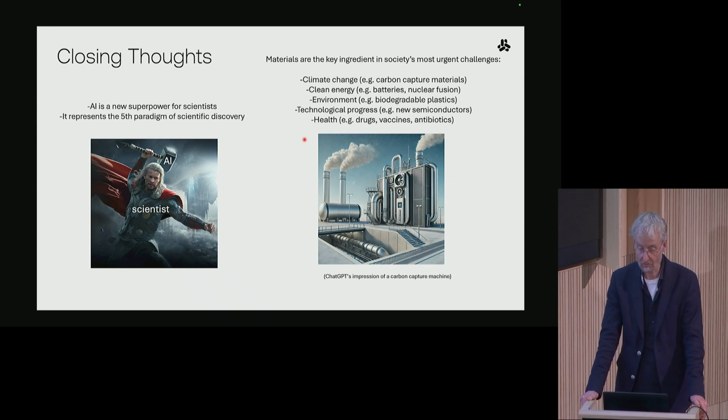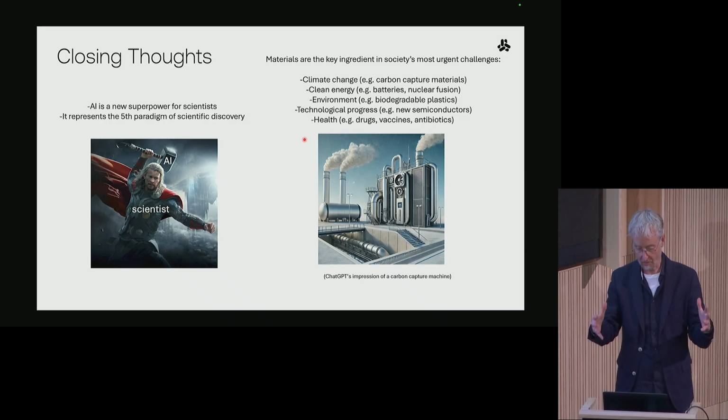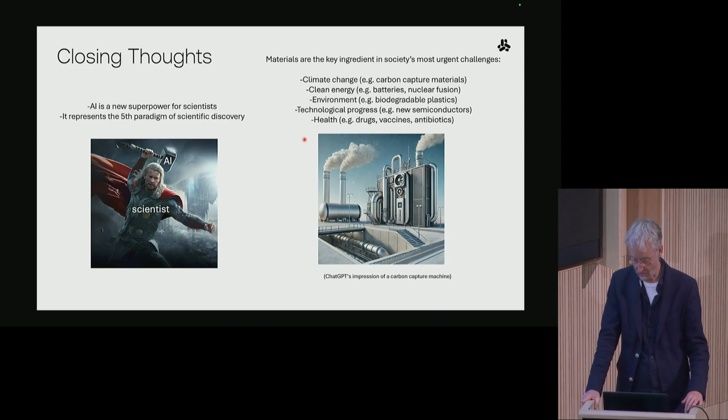Climate change, for instance, designing new carbon capture materials, or clean energy, better battery materials, or nuclear fusion, the first wall, the reactor wall, which of course is very hot and has lots of radiation going through it.